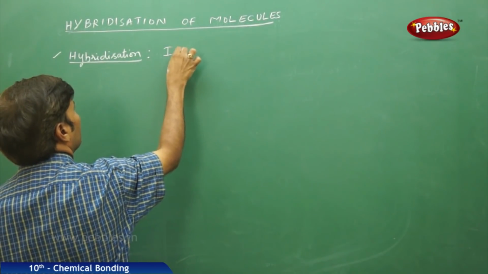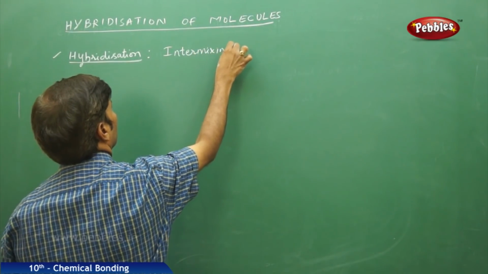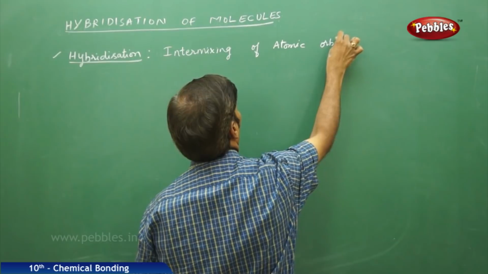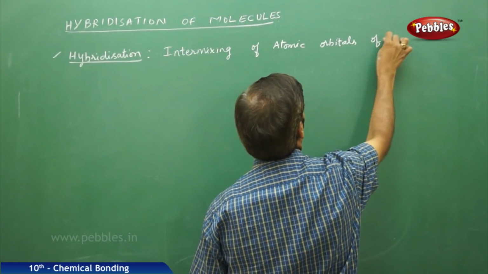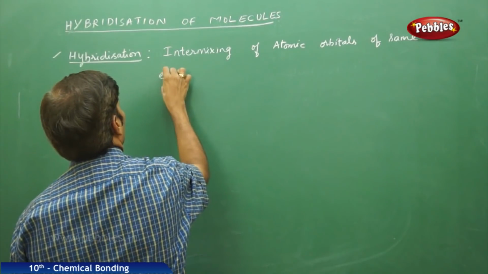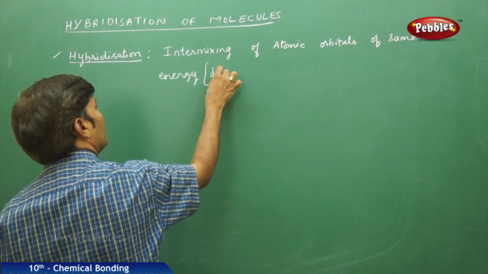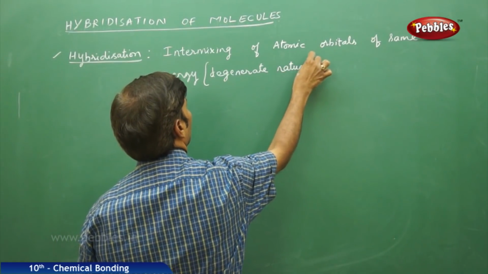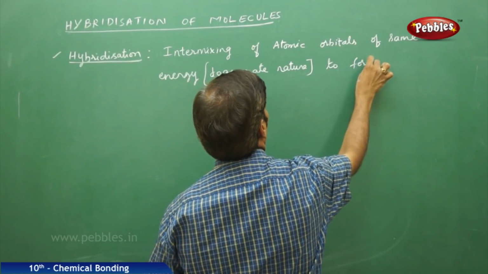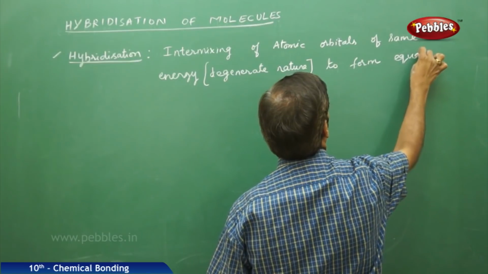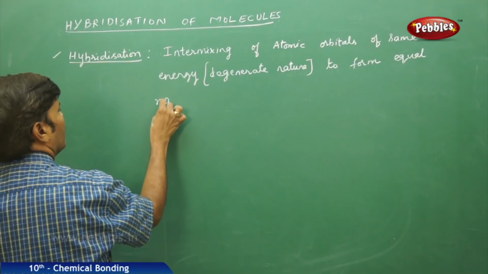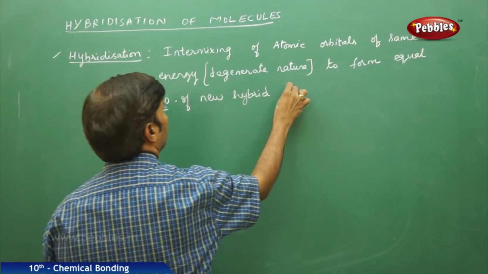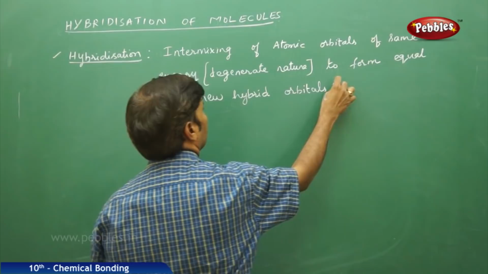The intermixing of atomic orbitals of same energy, nearly same energy, called degenerate in nature, meaning same energy, to form equal number of new hybrid orbitals is simply called hybridization.